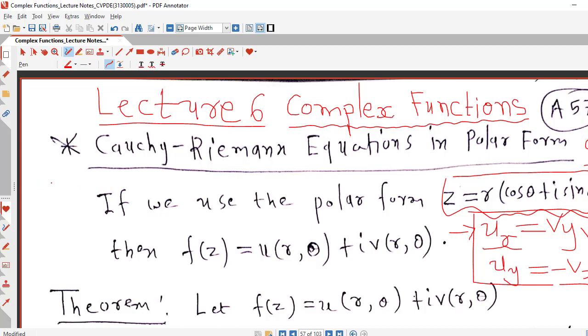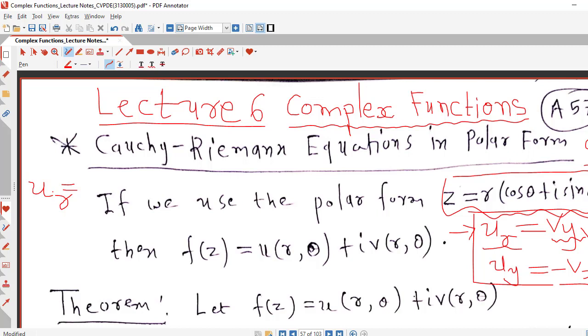If I am using del u by del r, then compare with this equation: if I write del u by del x here, then on the right I write the partial derivative of v with respect to the other variable, that is y.